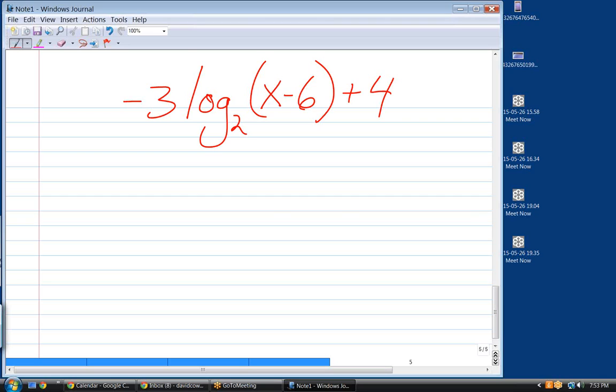Your range would be -infinity to infinity, always. Well, hold on. Do they want the domain or just the range? Both. What's the domain?